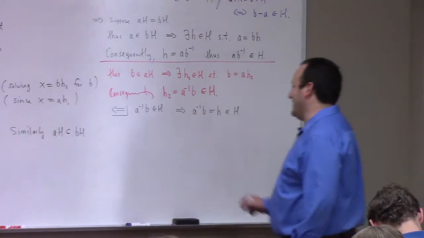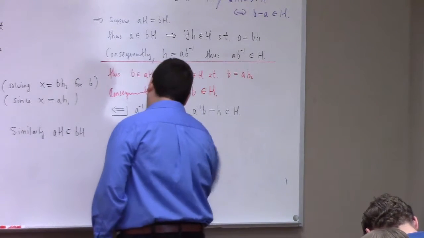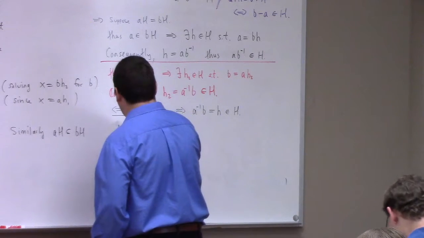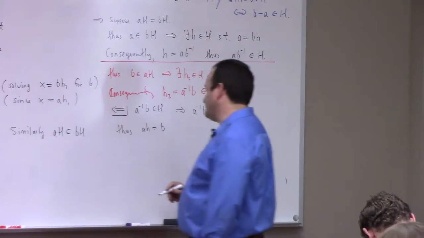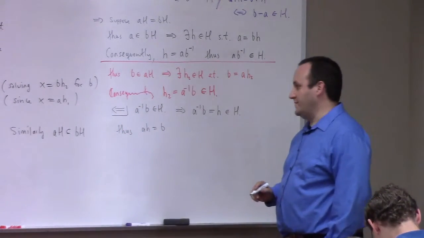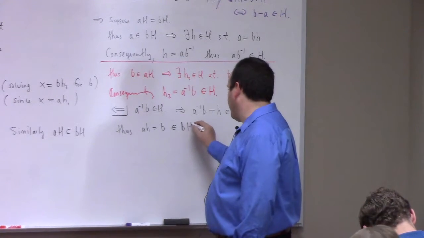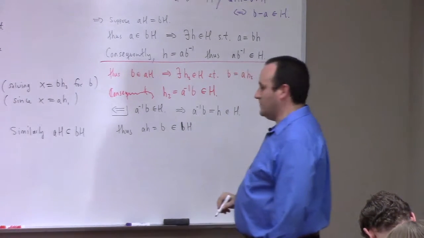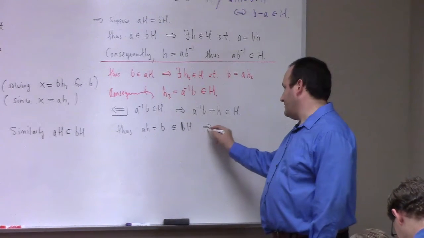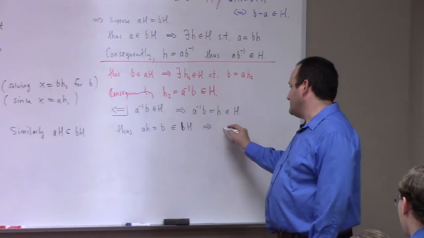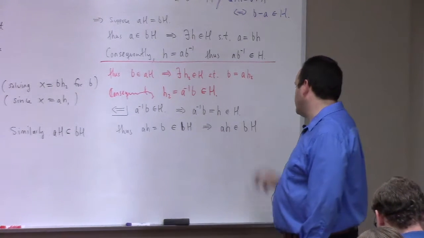That says thus what? AH is equal to B, right? Now B is an element of BH, right? We know that from our earlier work. And what does this say? This says that AH is also an element of BH, right?